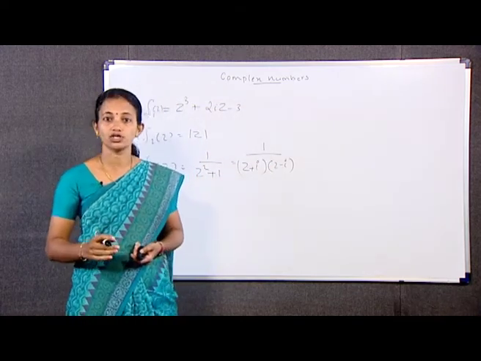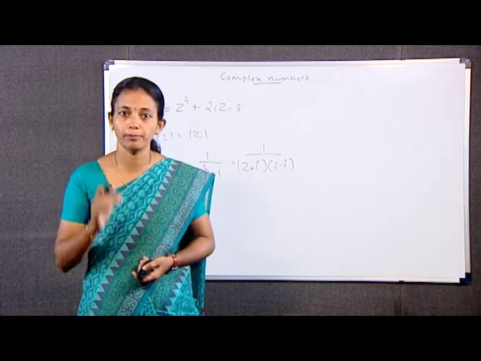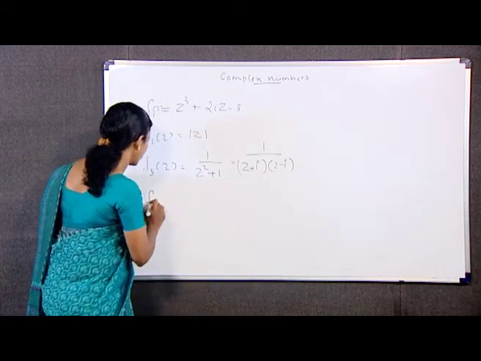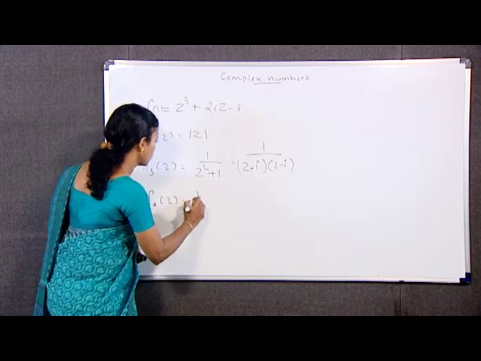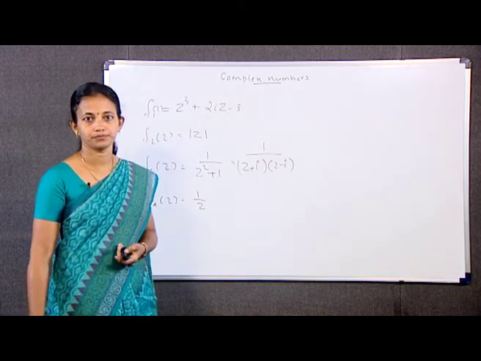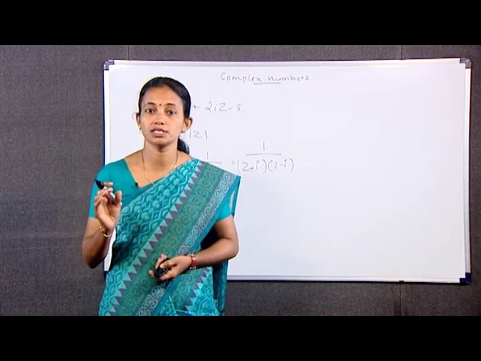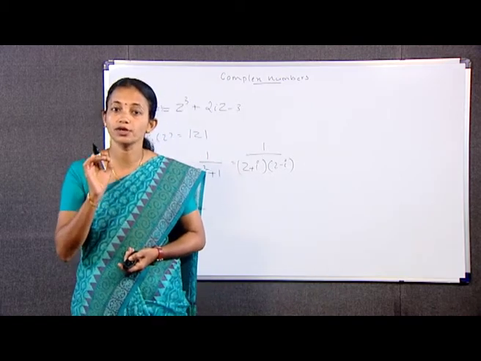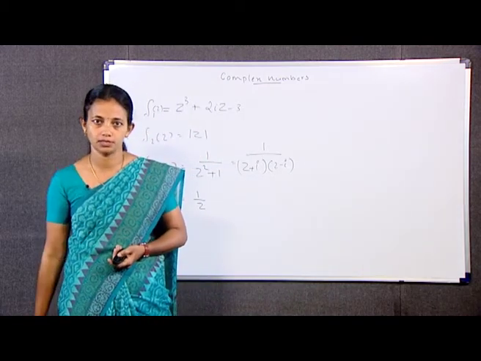Similarly, for the function f4 of z equal to 1 by z, the domain of definition is taken to be the set of non-zero complex numbers.